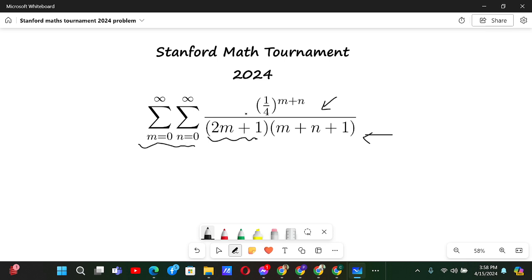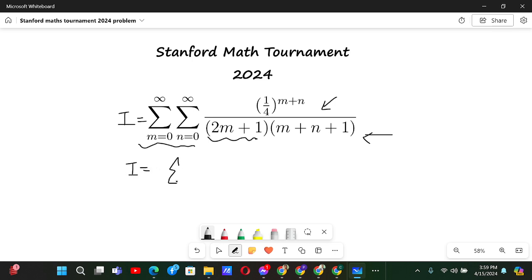In such problems where one of the expressions is not symmetric, but the domain is symmetric, what we try to do is interchange the m and n and look for the expression that we get then.